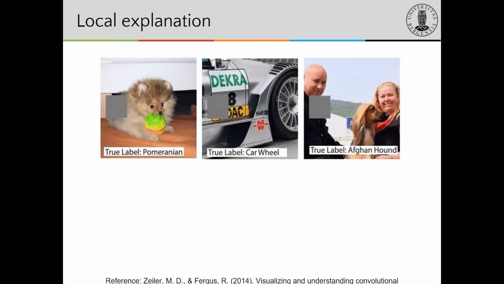The algorithm is that we put a small gray box. Here is a small gray box. If we put the small gray box on the face of the Pomeranian dog, then most likely it's difficult for the neural network to know this is a Pomeranian, right?